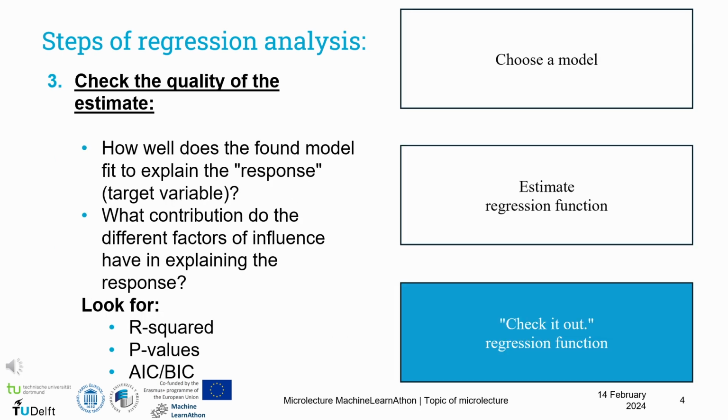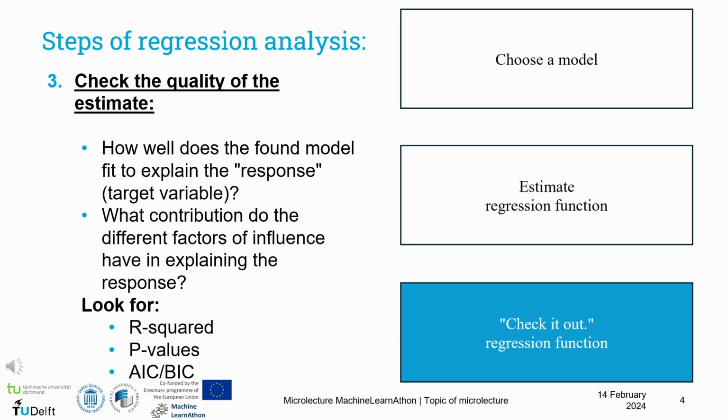Once we've built our regression model, the next step is to assess how well it actually performs. In other words, does our model truly explain the variability in the outcome variable? And are all our predictors meaningfully contributing to that explanation?